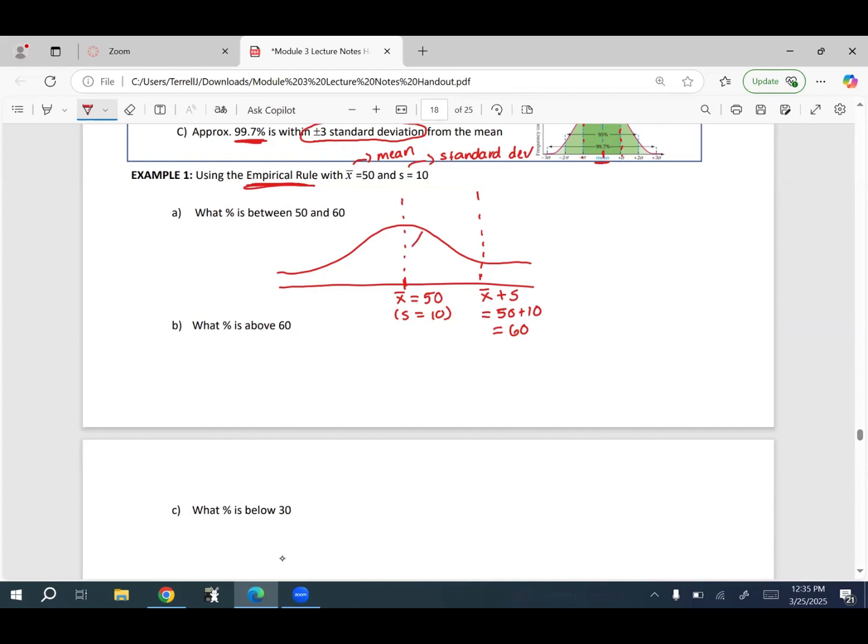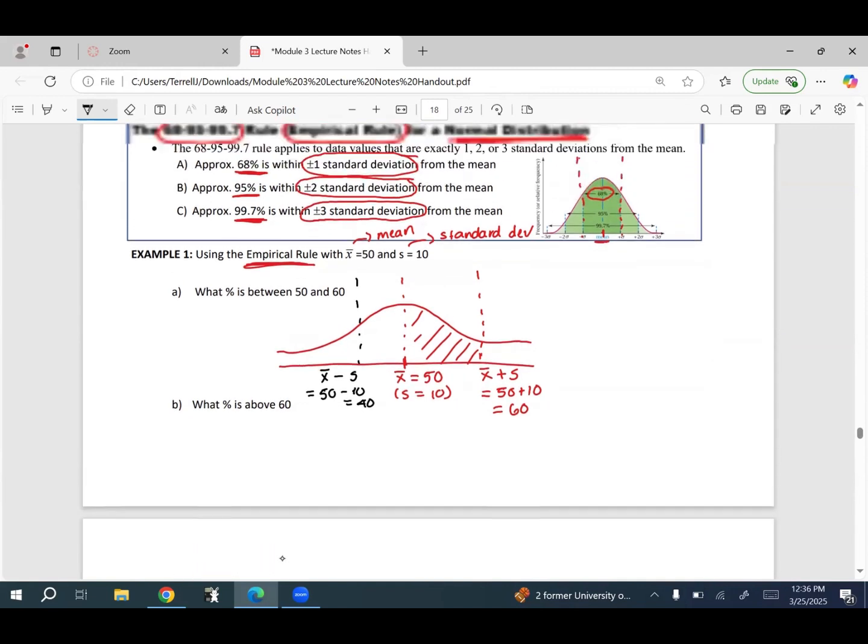I want this space. Now, I also know if I go one standard deviation to the left, so let me do that in a different color, the value I'm getting is the mean minus the standard deviation. I'm subtracting the standard deviation this time because I'm going to the left. This value would be 50 minus 10, which is 40.